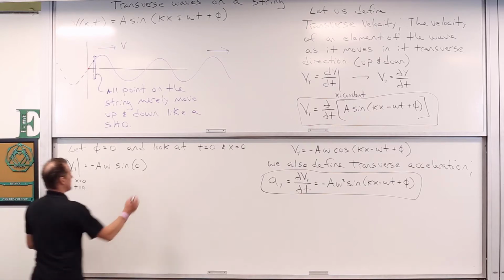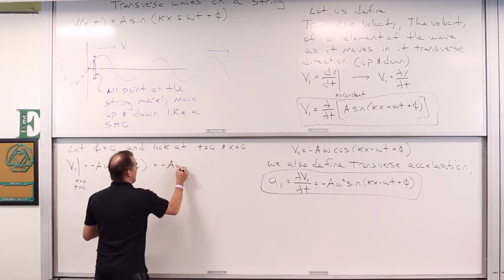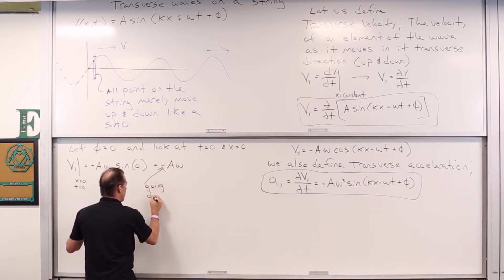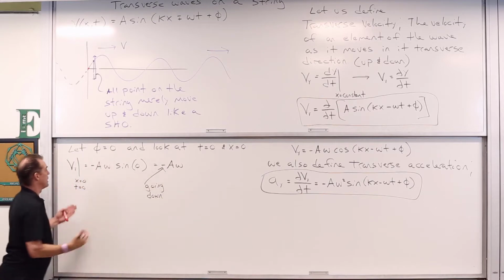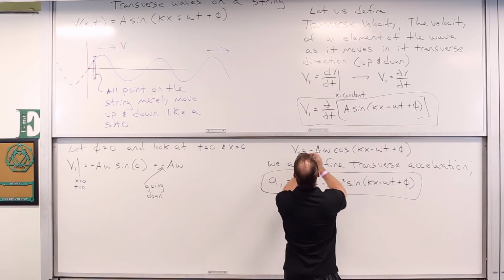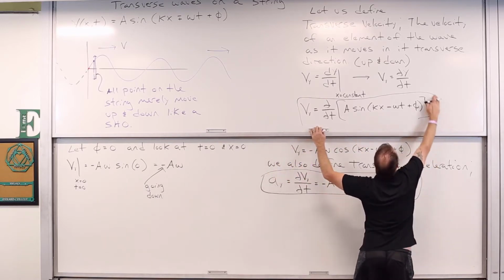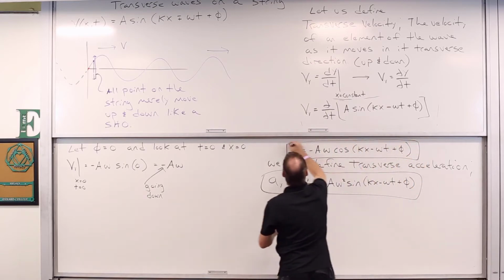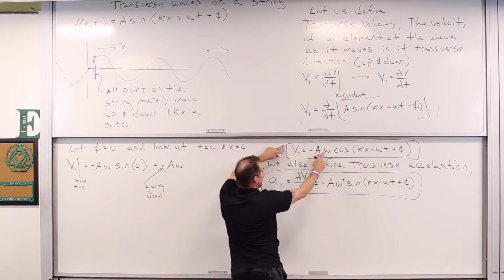And we just get that this is going to be equal to negative a omega. Negative says going down. And the greatest value that this can be, right here, oops, I boxed the wrong one. It's this one. The greatest value that the transverse velocity can be is a omega.